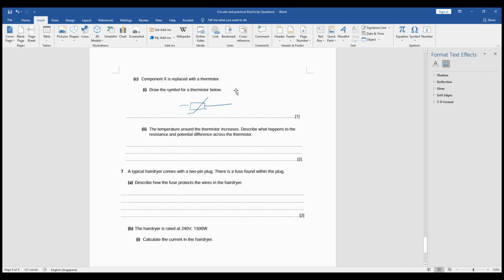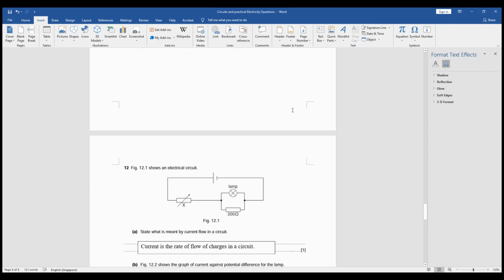Now, in your syllabus, we will only learn negative temperature coefficient thermistors. So if the temperature increases, it is always the reverse. The temperature increases, your resistance would decrease. Where's the box?